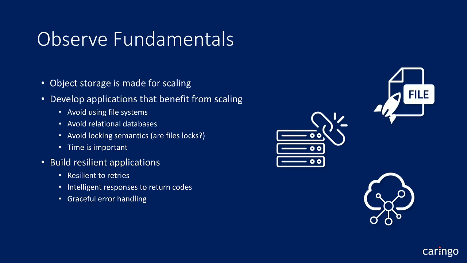The other thing that you kind of pull over from the file system world is this idea of locking semantics and concurrent access to the same data. Do you really want to use locking semantics? If you need to, then absolutely do it.